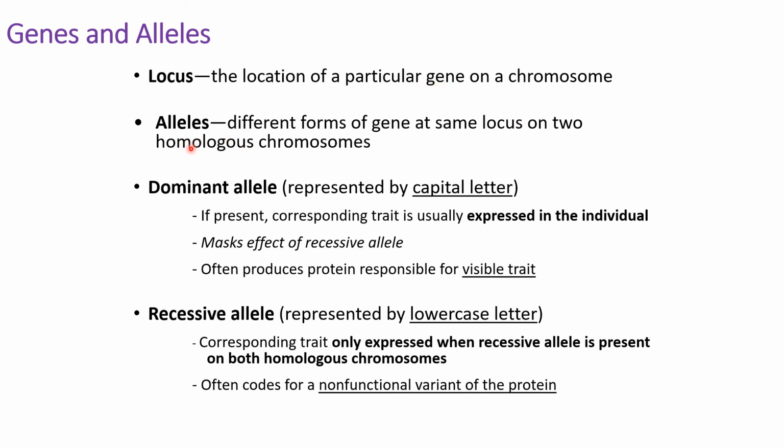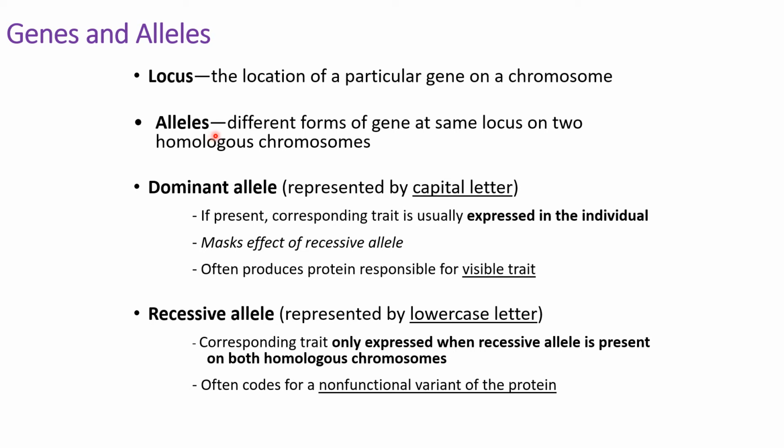What are alleles? Alleles are different forms of a gene that are located at the same locus on 2 chromosomes. So for example, mom and dad have an allele for height, how tall a person is.